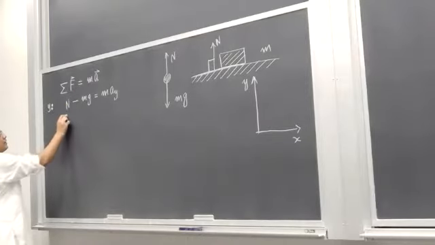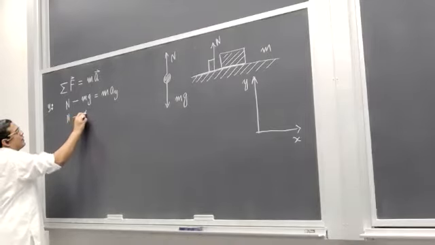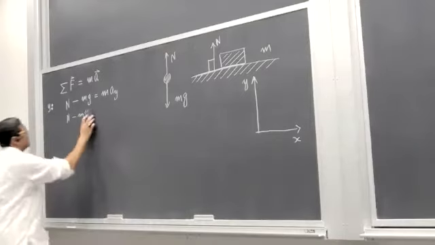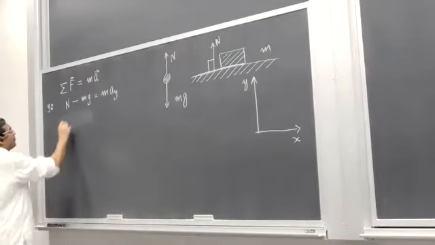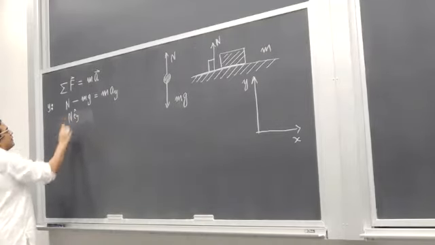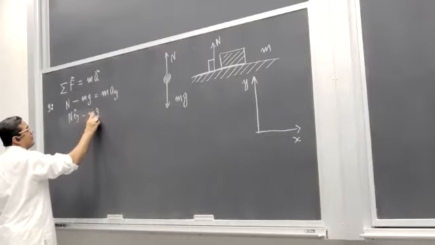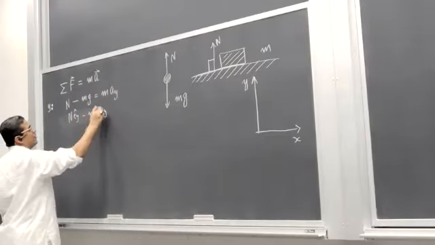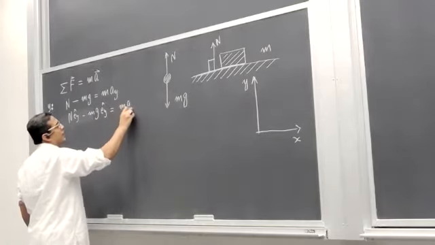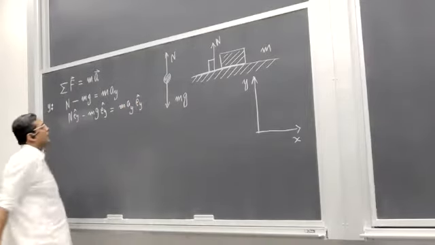If you want to be more precise, you can write it even better like this: N unit vector y minus mg unit vector y equals m a_y unit vector y.